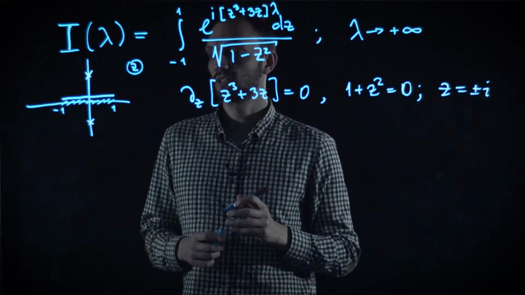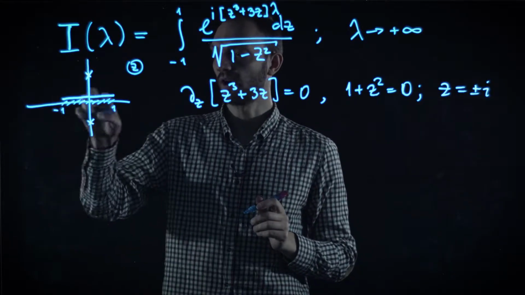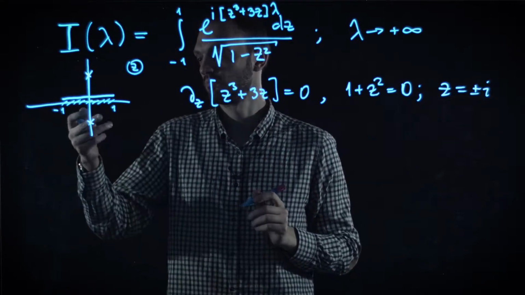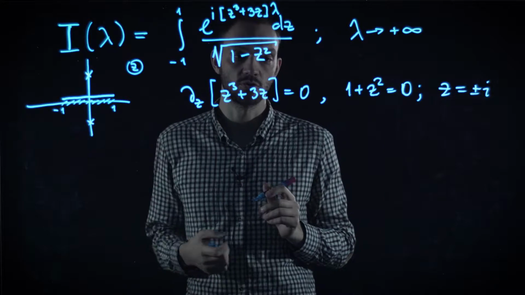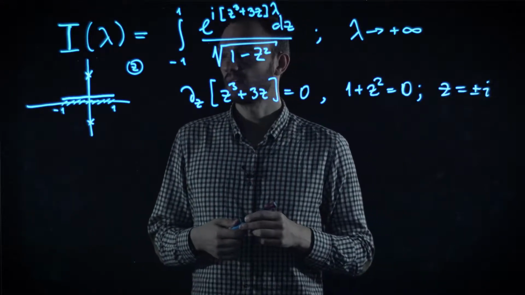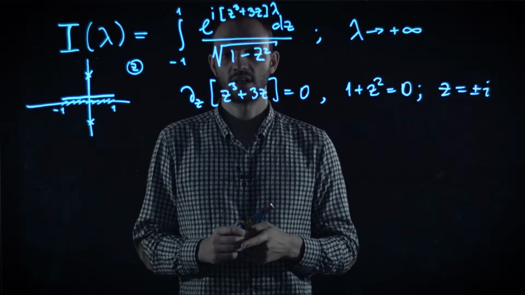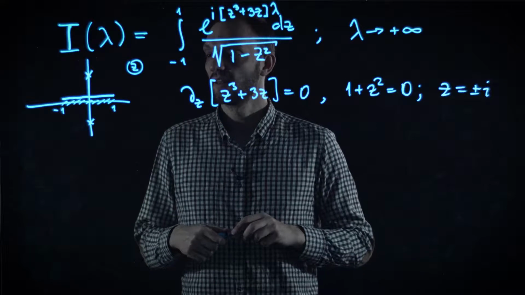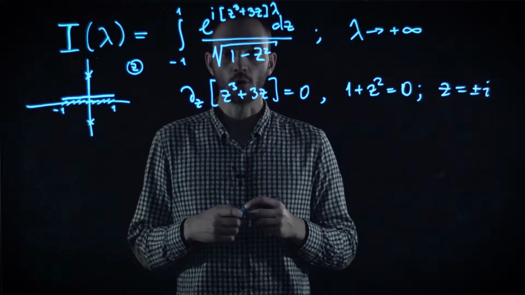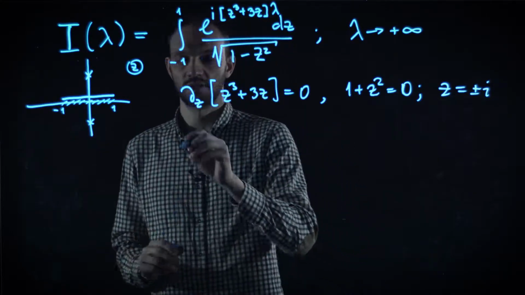And we need to understand how exactly we should deform our original integration contour to something which passes through the saddle points. We don't know in advance which one we have to choose, and how to evaluate the leading term of the asymptotic expansion. So, let us formulate a general rule which we will now apply for this particular case. The general rule is that we need to find all surfaces of constant imaginary part of the exponential.